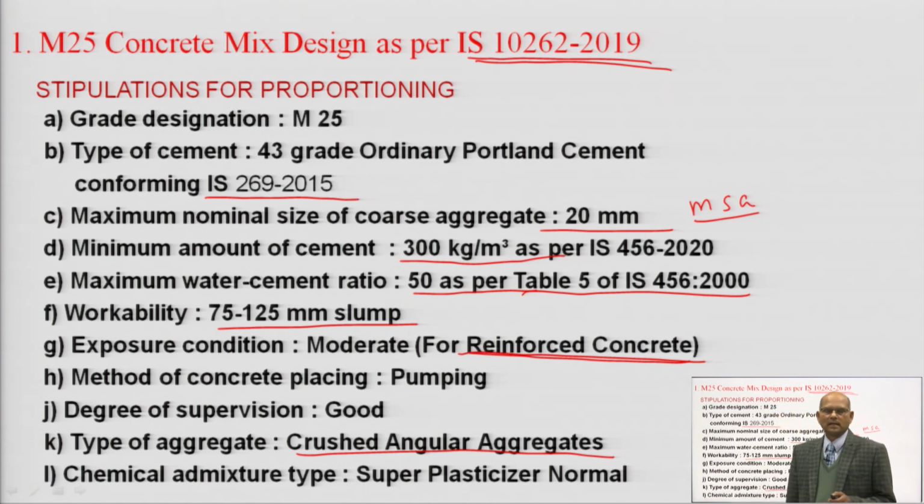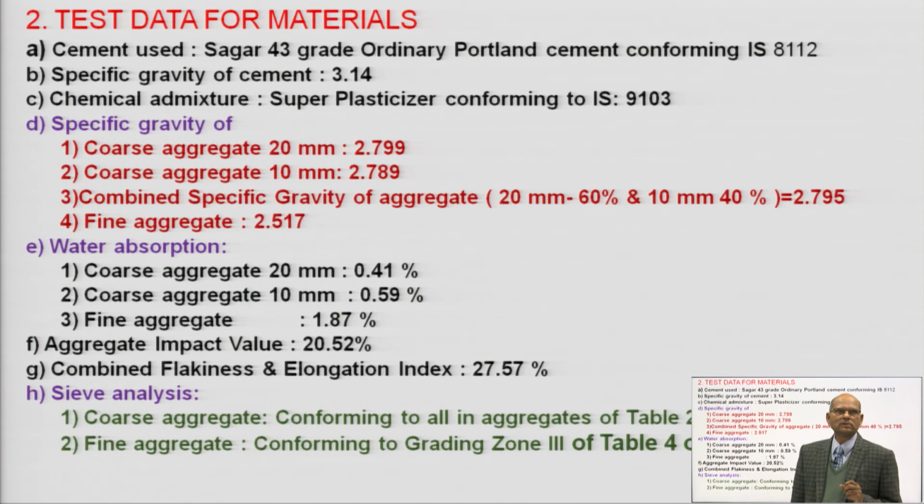Okay. And then we go to test data. Once we get the material from the lab, from the field, we have to go for the testing. Okay. So, what are the tests we have to do? Cement used: we have 40 grade ordinary Portland cement conforming to IS... Sorry, now this is not required.